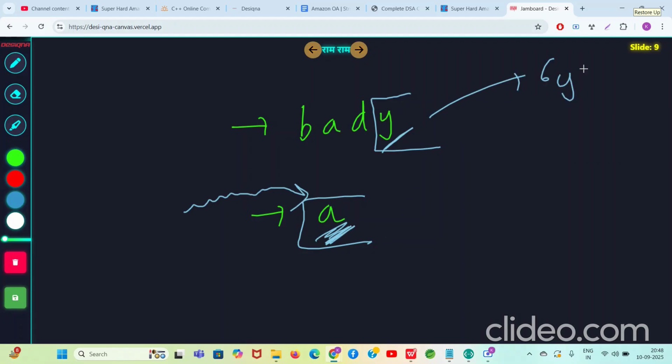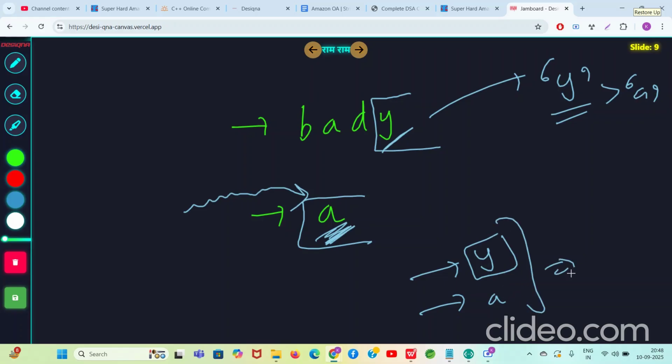Answer would be a single character Y is greater than A. So answer for this much part would be what? 1. If the string was Y and A, only Y is bigger than A. So Y is the only subsequence bigger than A. Answer is 1. So we store the answer for Y and A as 1. Good.